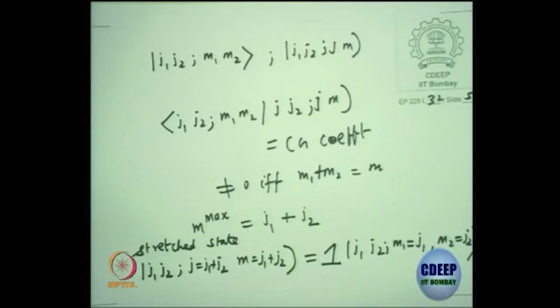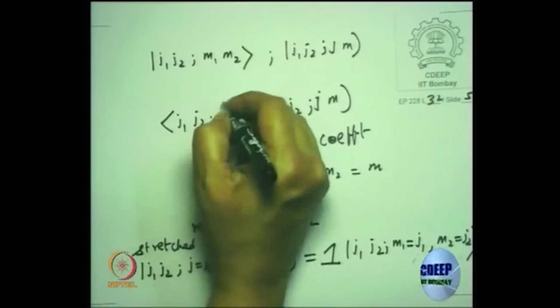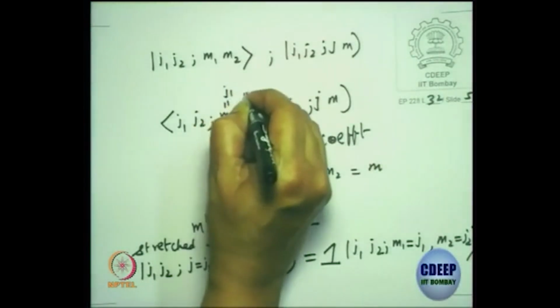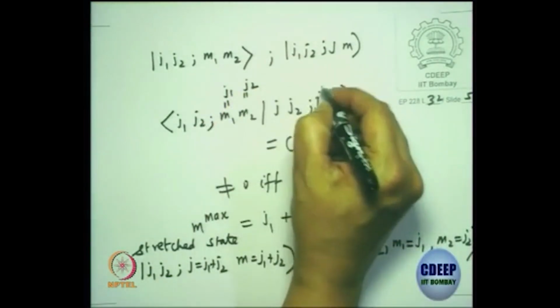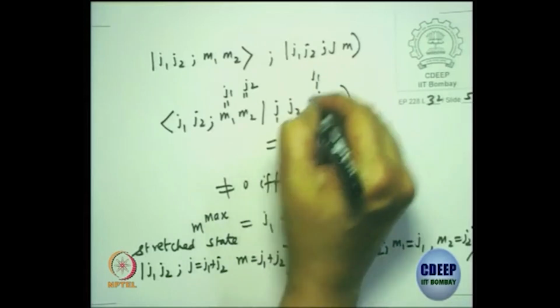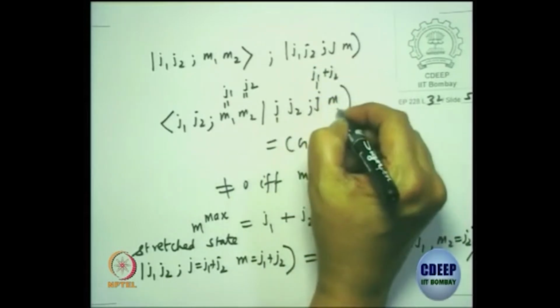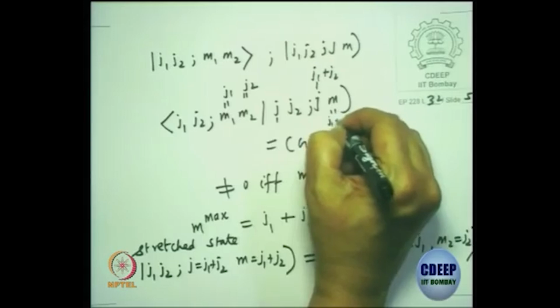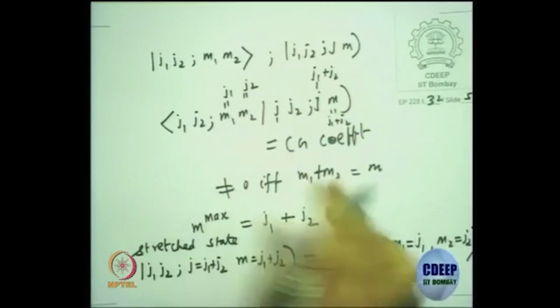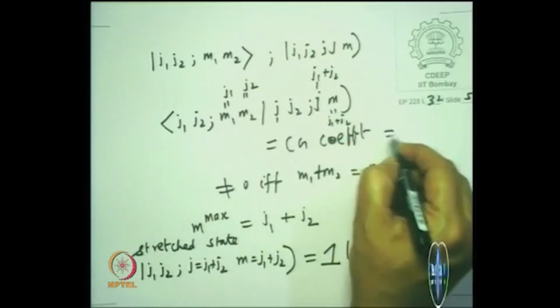So the CG coefficient, which relates the stretch state in the coupled basis to the stretch state in the uncoupled basis, is 1 always. What does this mean in this language? If you put this to be J1, this to be J2, this will be J1 plus J2, and this will be equal to J1 plus J2. That is the meaning. This is going to be 1.